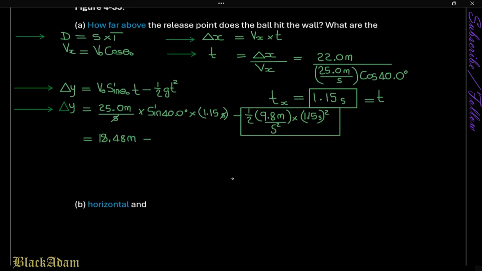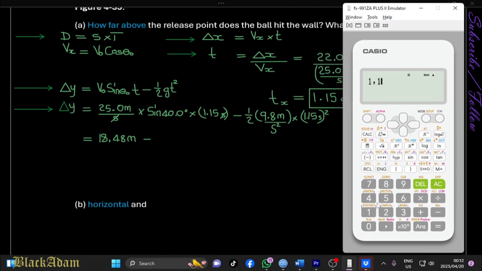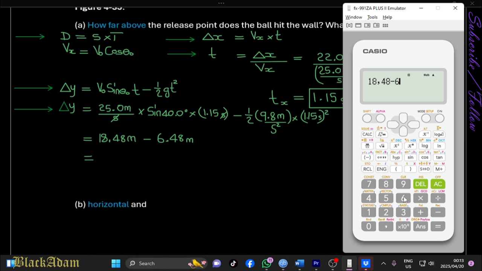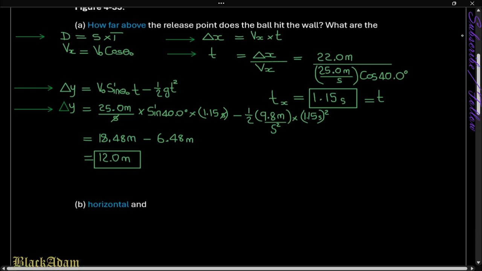Then 1.15 squared multiplied by 9.8 divided by 2 is 6.48 meters. So 18.48 minus 6.48 gives us 12 meters. That's our answer: it traveled 12 meters above before hitting the wall.